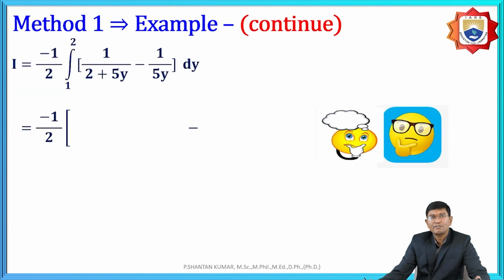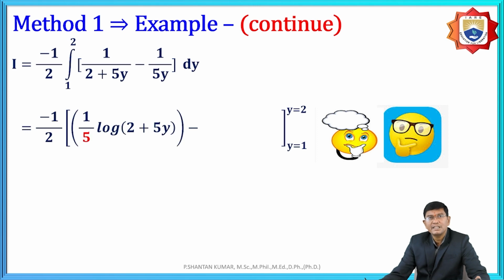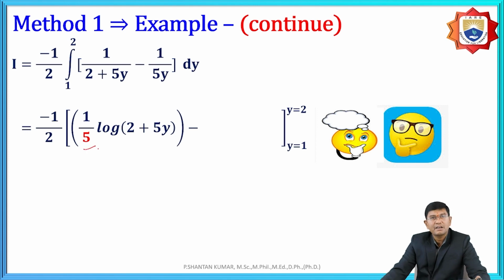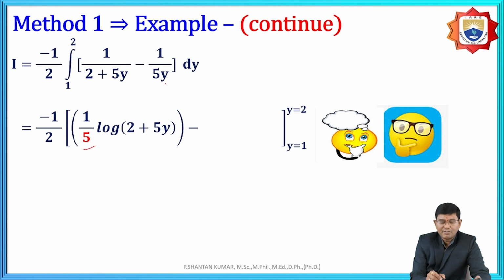Using that formula, the coefficient of y is 5, so we get 1 by 5 into log of 2 plus 5y minus 1 by 5y.